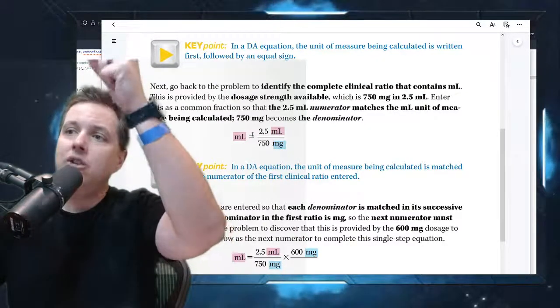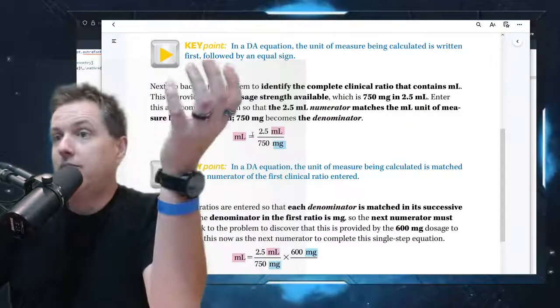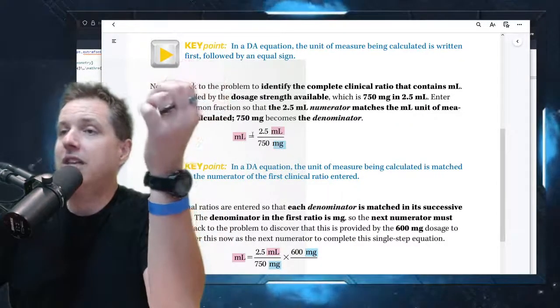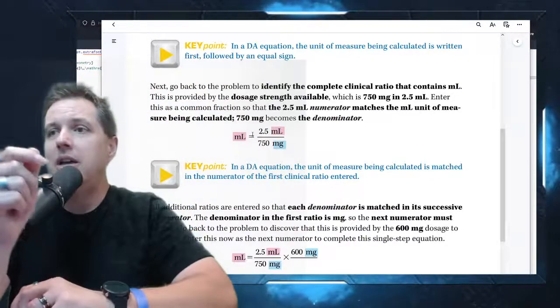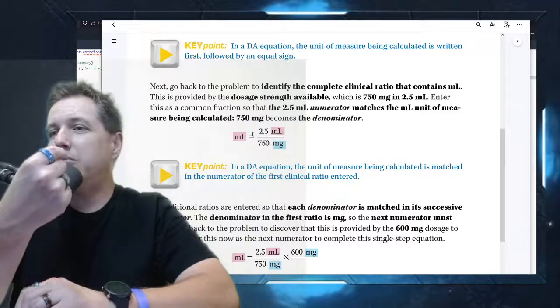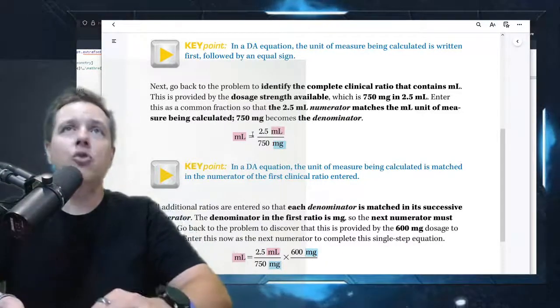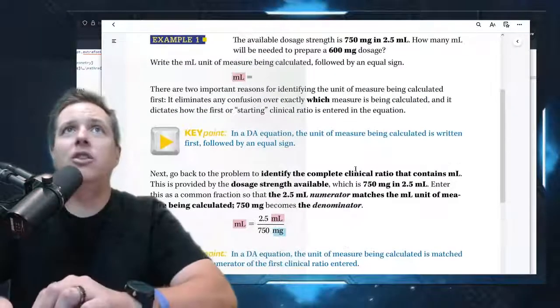You would cancel a 2 in the numerator with a 2 in the denominator. That's what simplifying is: you're canceling out common factors. Well, your guide through this problem is that you want to be canceling out units that you don't want to be there anymore. So we're guided by the fact that the unit we want is milliliters, and then we fill in the information that we have from the problem.